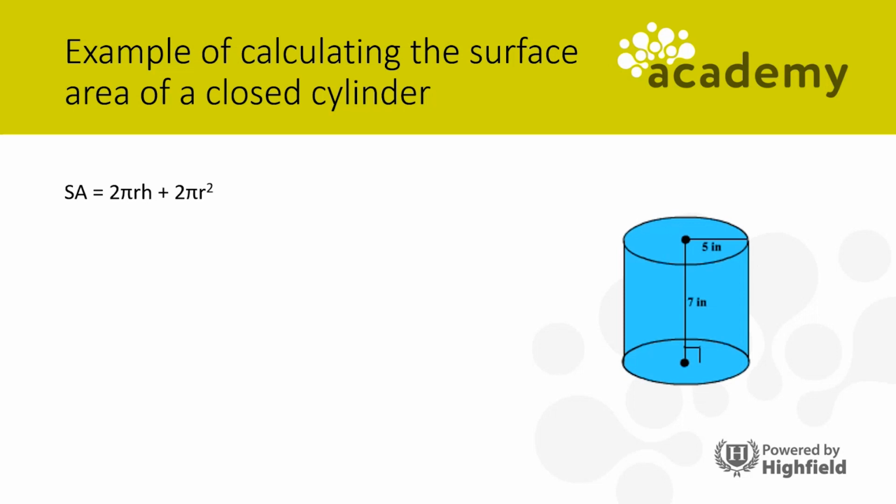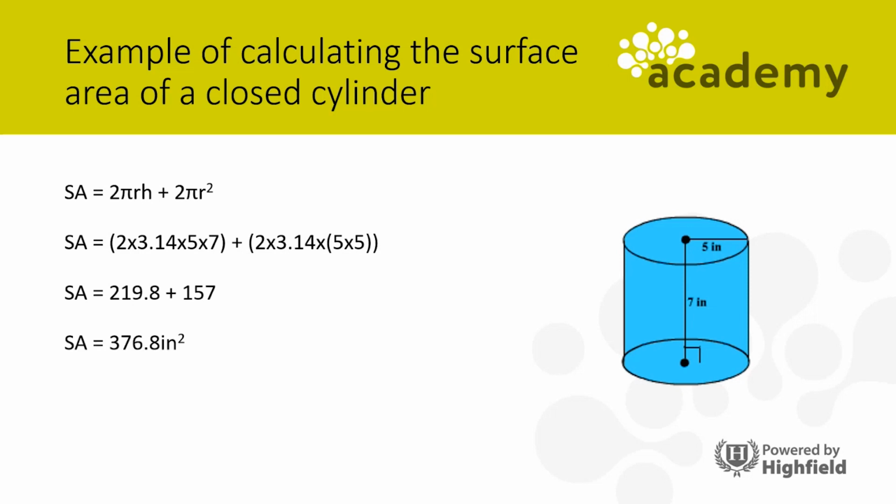In this next example, the formula is 2 times 3.14 times 5 times 7 plus 2 times 3.14 times 5 times 5, which is also 219.8 plus 157, which is 376.8 inches squared.